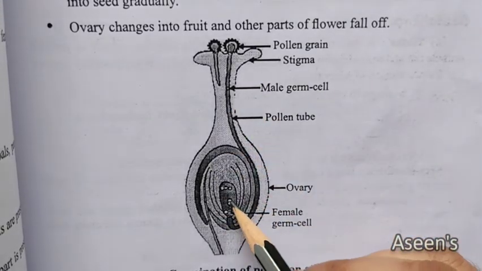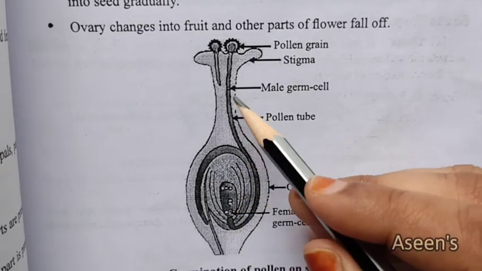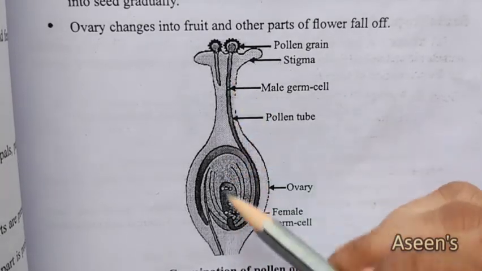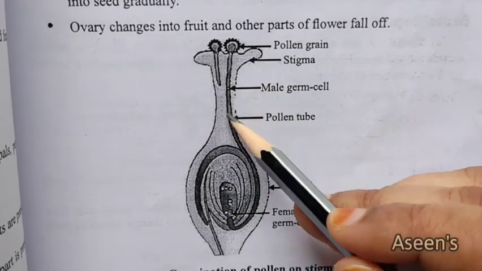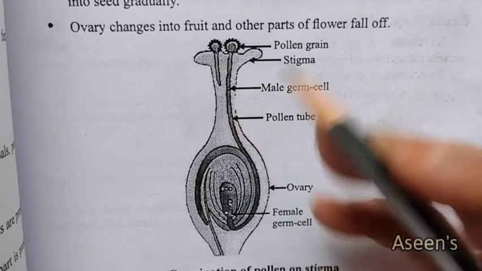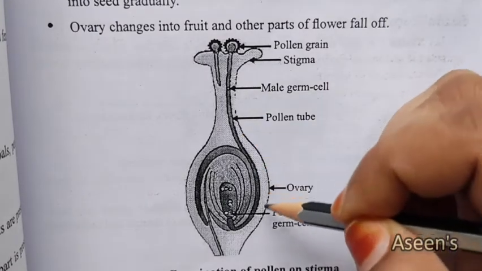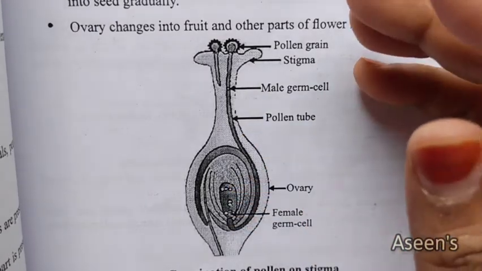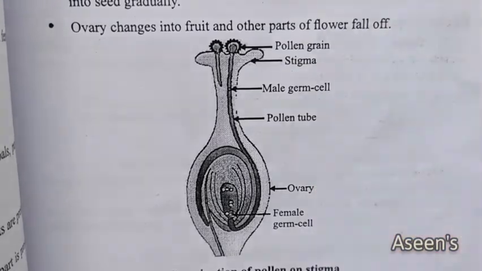The female germ cell will be releasing certain chemicals for the pollen tube. This chemical generated by the female germ cell will attract the pollen tube towards itself, causing the pollen tube to know the direction where to grow. That is how it will be growing directly towards the female germ cell. The best example for chemotropism to be explained.